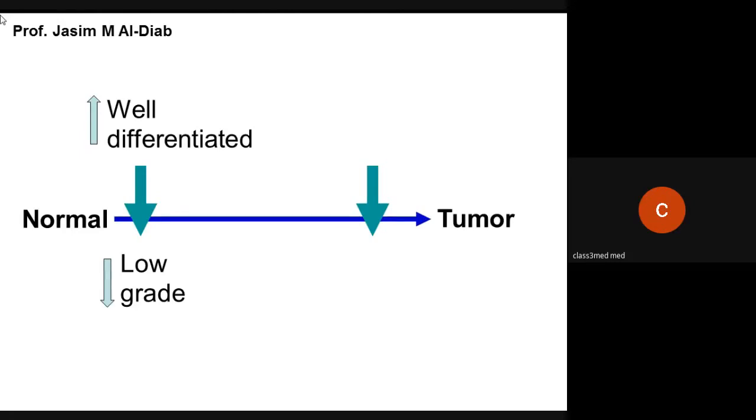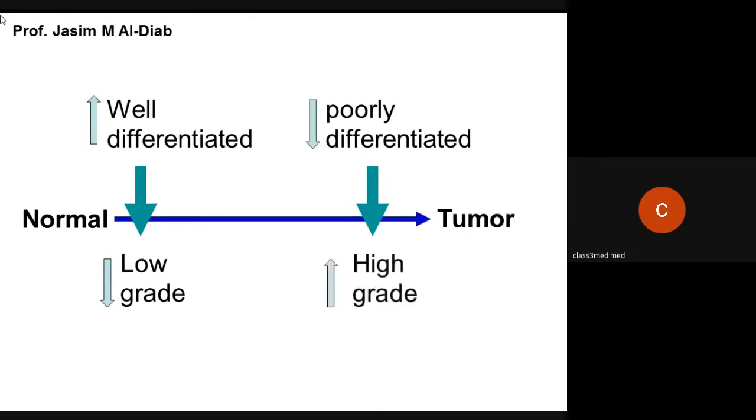When you say high differentiation, you mean high similarity to the normal, well differentiated. Here the differentiation is poor, poorly similar to the normal. So this is called poorly differentiated tumor. And the grade is high. It is away from the normal. So it is high grade. Okay?